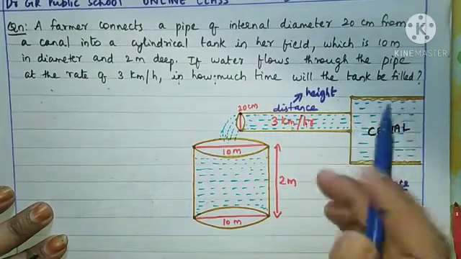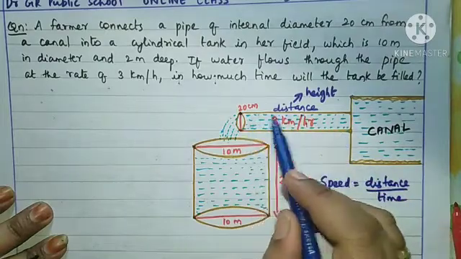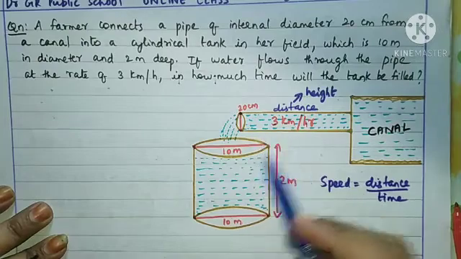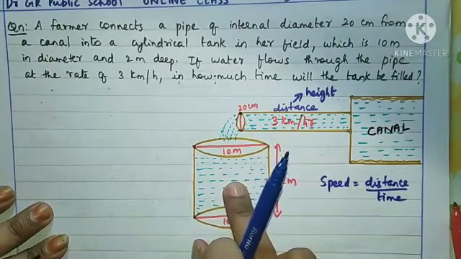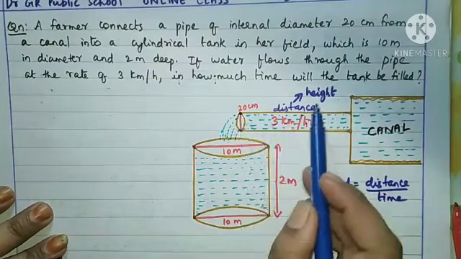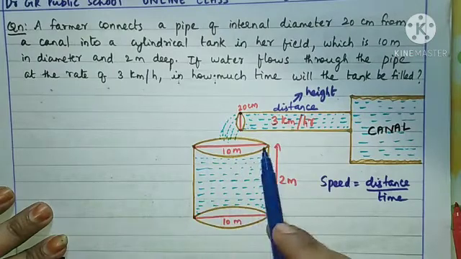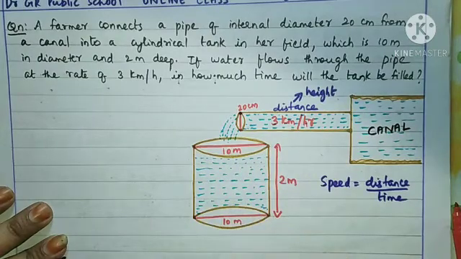Clear? So in this problem, the pipe is also a cylinder shape and the tank is also a cylinder shape. So here also we know the diameter. Now height you know 3 kilometers, and here also you know the diameter and height.